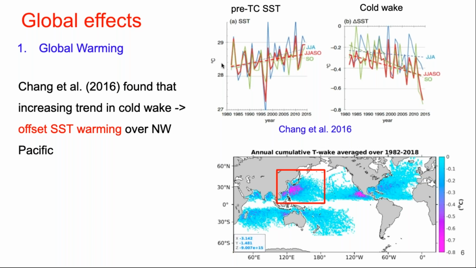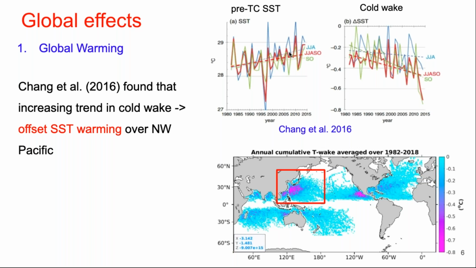In this plot, they show the pre-storm sea surface temperature, with an increasing trend from the 1980s to 2015. So they proposed that because of this increasing trend in the cold wake, there is an offset in SST warming, meaning that without the cold wake, the SST warming would have been higher.